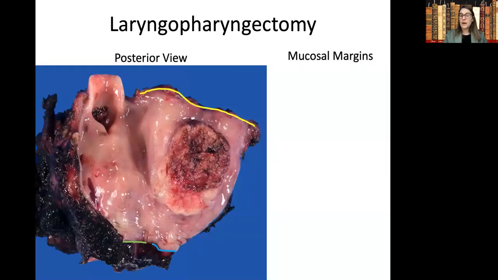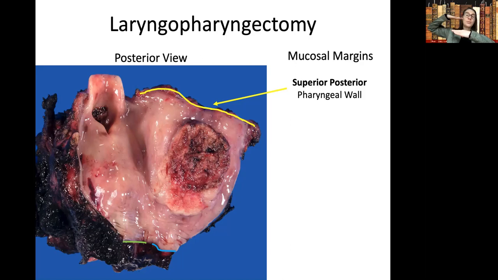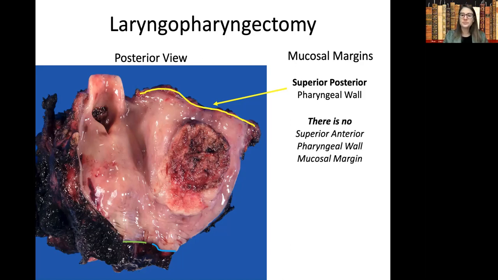What do we do now about the mucosal margins that we've exposed? So we have the superior posterior pharyngeal wall margin, right, which is in continuity with the posterior pharyngeal wall up in the oropharynx, still in the patient, of course. Remember, there is no superior anterior pharyngeal wall mucosal margin. This is essentially just the folds of your larynx, right?